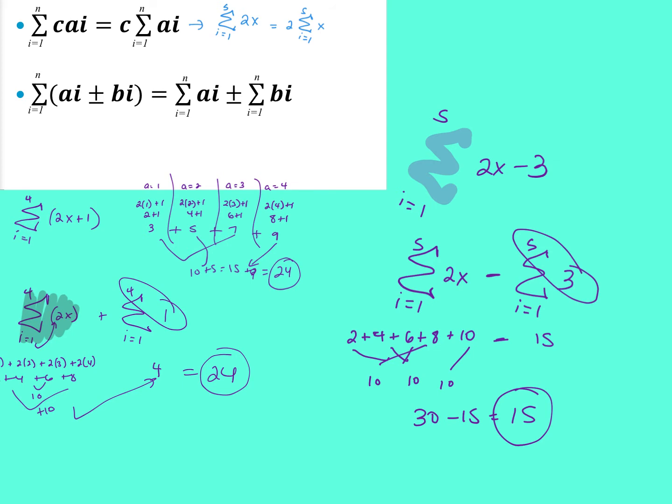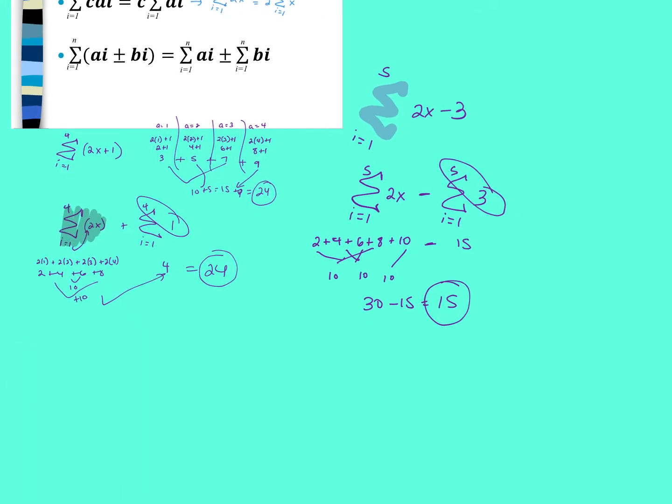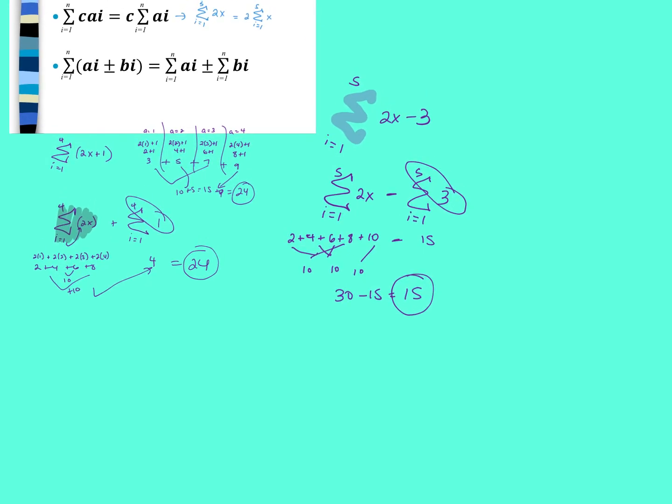What do we do if it isn't i equals 1? Then it would be one less, well, it depends on what it is, actually. So the rule is that the number on the bottom, like if you're trying to figure out how many terms there are in that, which would be what the top is, if it's not 1, then it's the top number minus the bottom number plus 1. So whatever, if you don't want to count it out, because sometimes they get big.